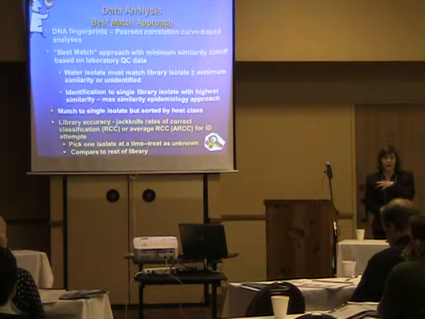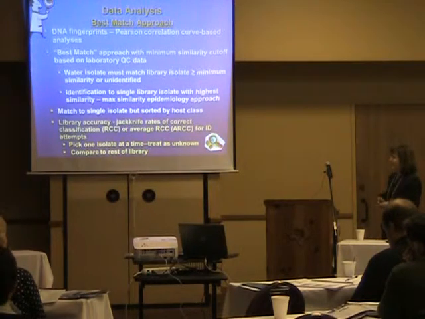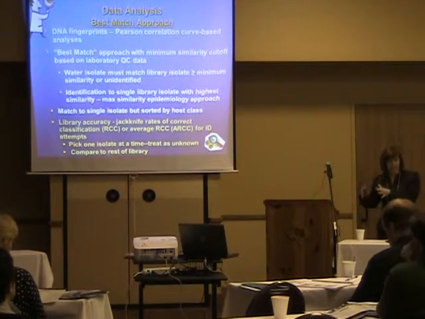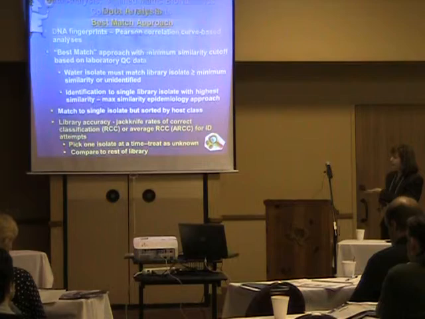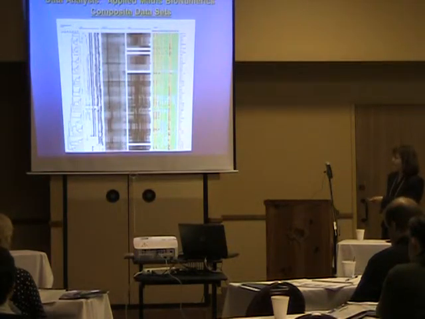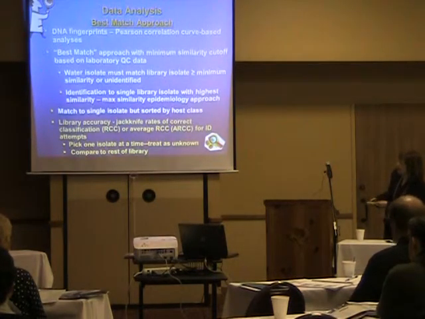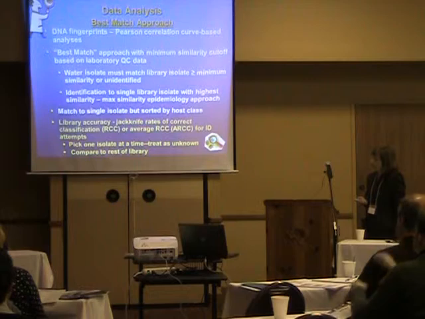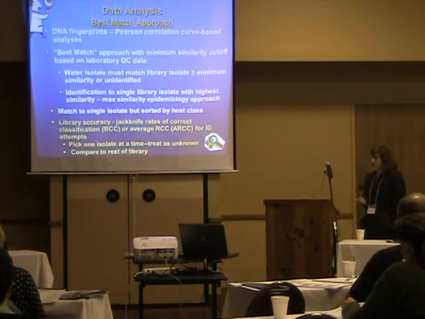Now this is for water, but when I say an unknown, I'm either talking about an isolate that came from a water sample that we don't know what it's from, that's what we want to ID, or in using library accuracy tests, these jackknife tests, the rates of correct classification.